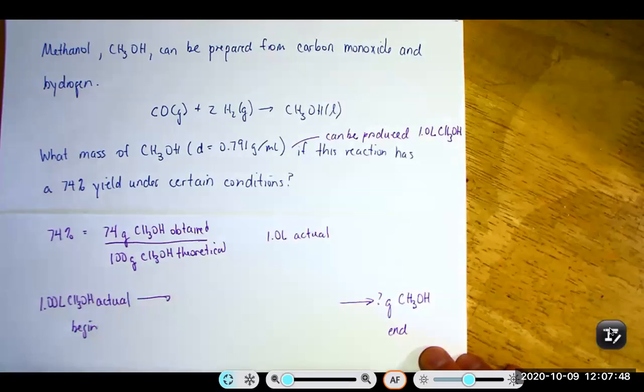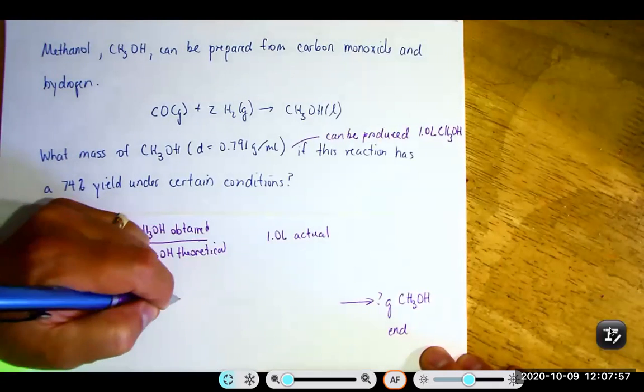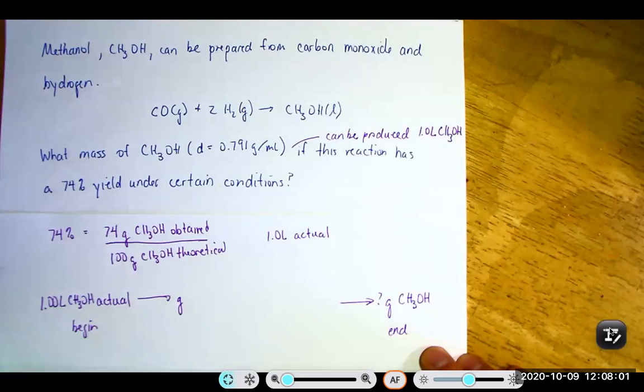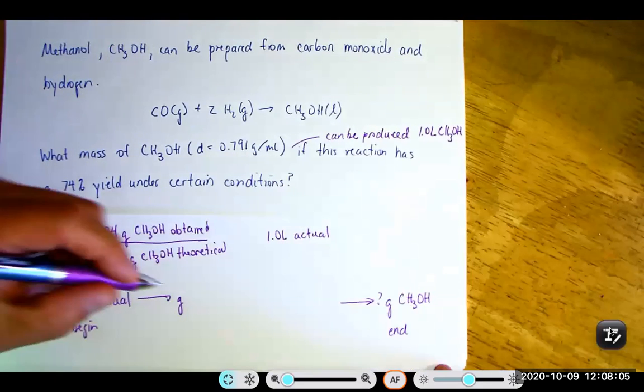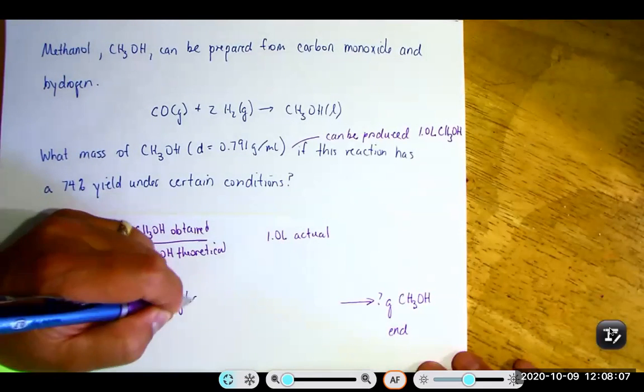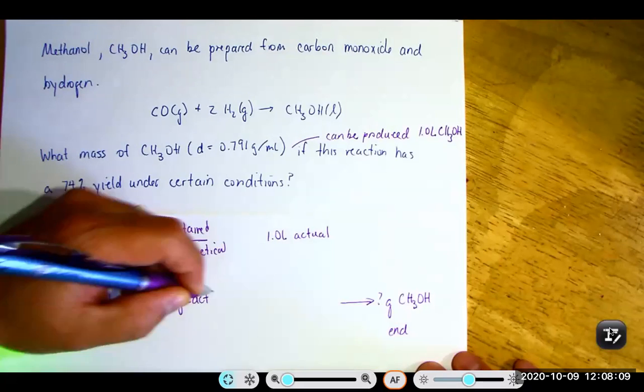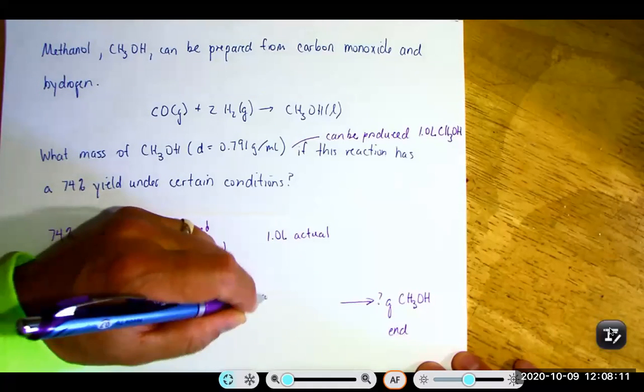Now we need to kind of fill in the blanks here. So if we get 1 liter actual, I think we can calculate the grams actual, but here, since we have the density as grams per milliliter, maybe we convert this into milliliters actual and then into grams actual. Okay?